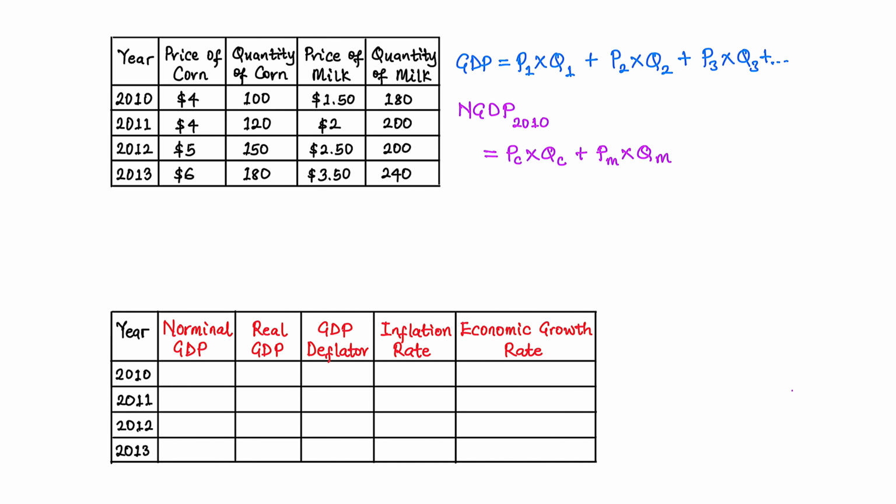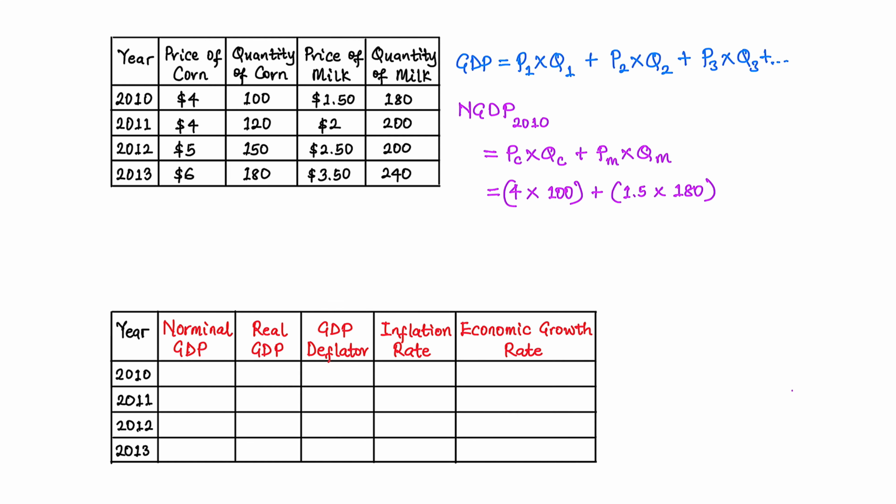So that's equal to, price of corn in 2010 is $4, multiplied by the quantity of corn in 2010 is 100 units, plus the price of milk in 2010 is $1.5, multiplied by the quantity of milk, that's 180 units.